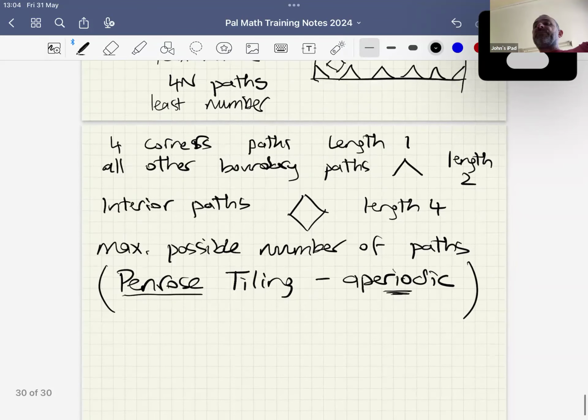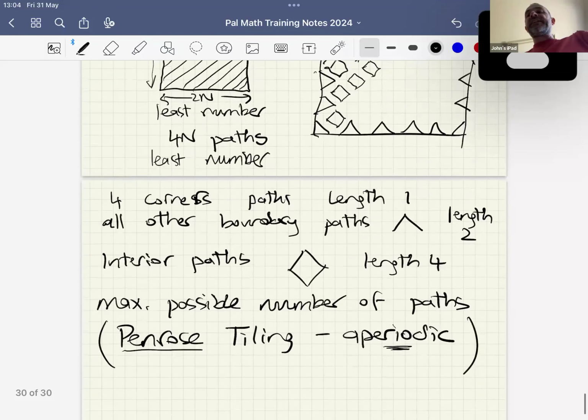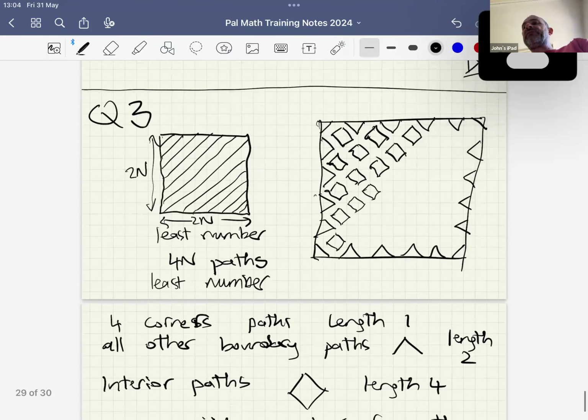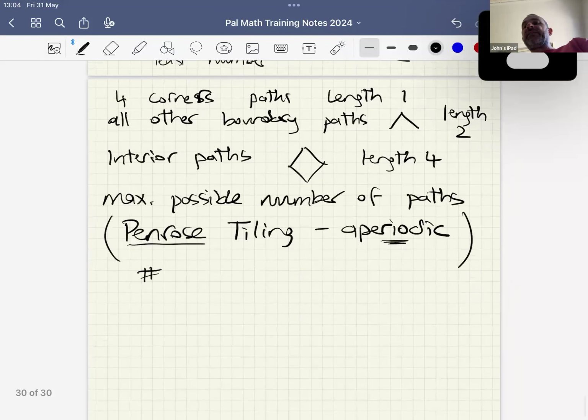Okay, so the maximum possible number of paths, and if you count them, I won't go into the details, but you can count for this pattern here, where you fill in the tiles like this, the number of paths is 2n squared plus 2n plus 1.